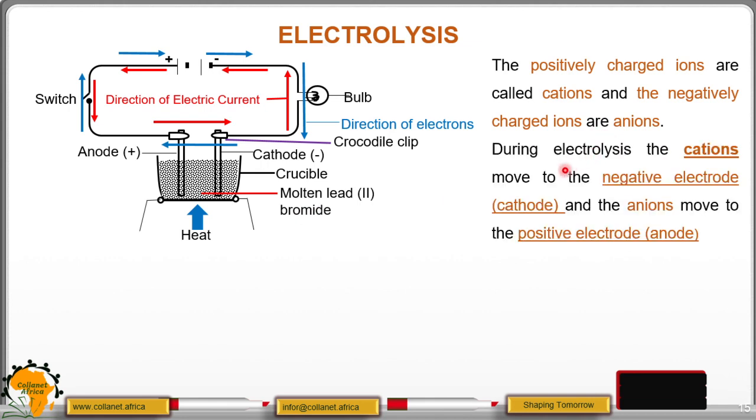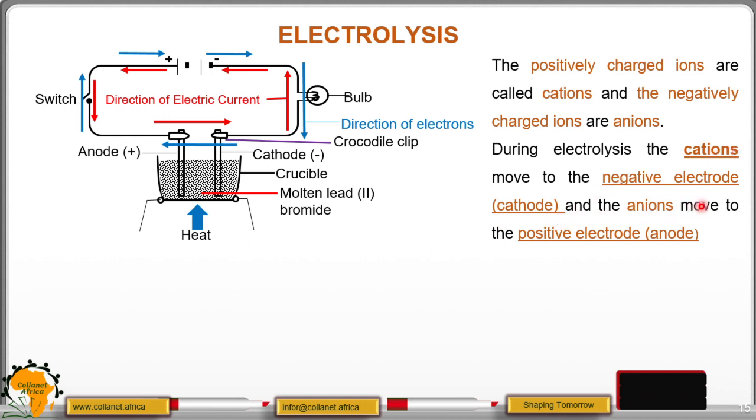To make it clear, during electrolysis, cations move to the negative electrode, the cathode. So the cat in cations, we can relate it to the cat in cathode. The ions moving towards the cathode are known as cations, and since they are moving to the negative electrode, the cations are positively charged.